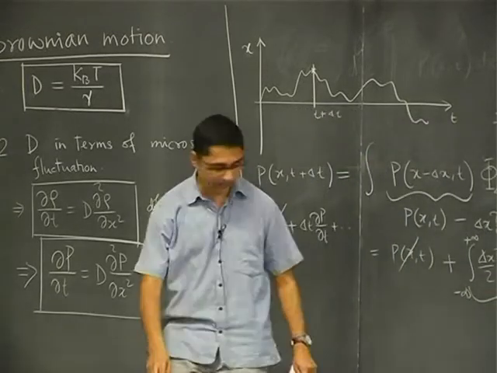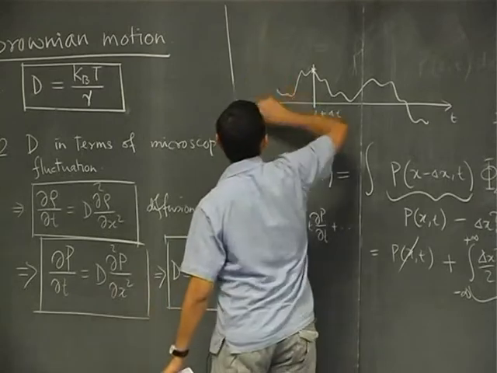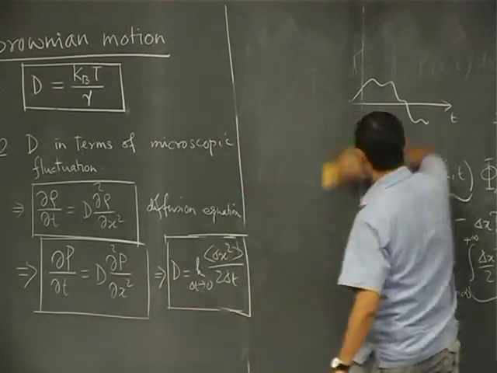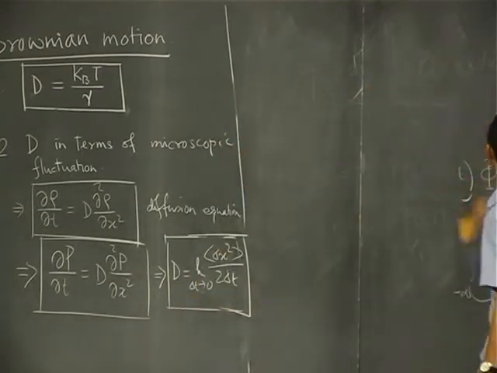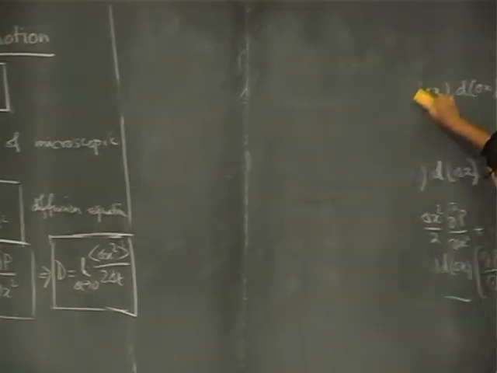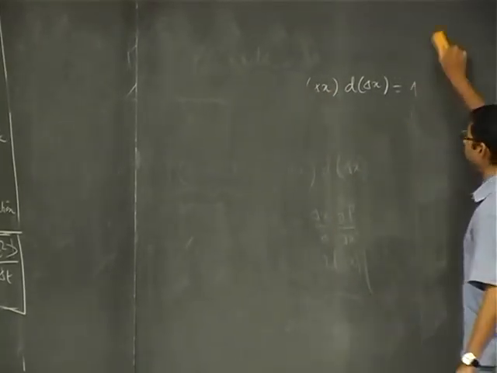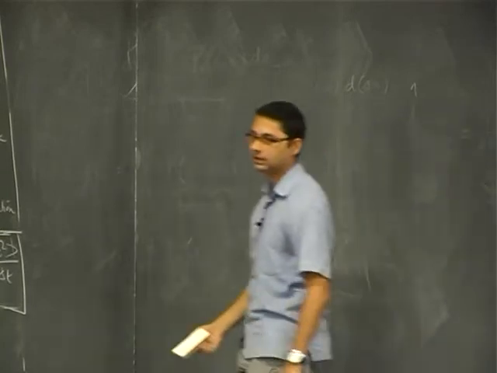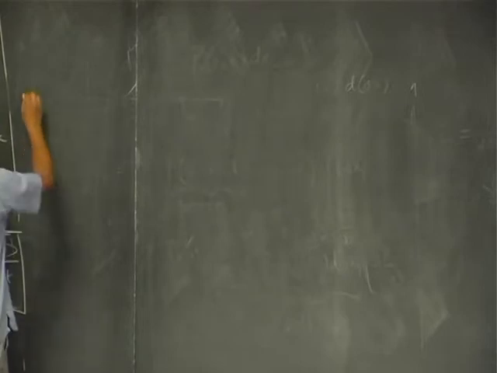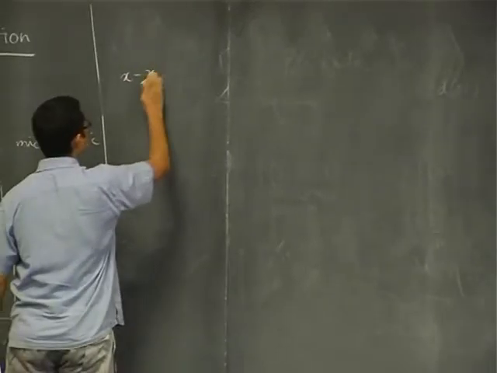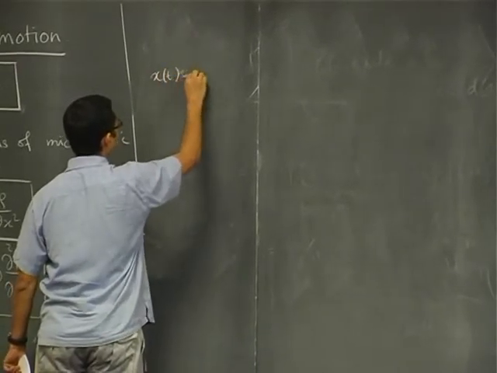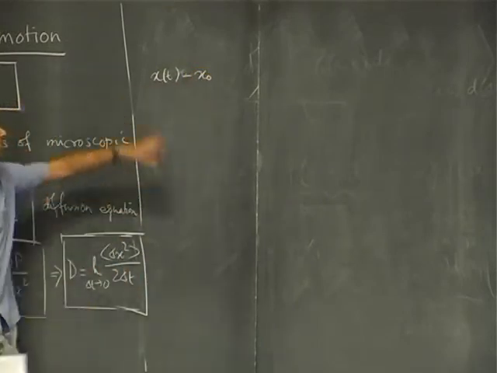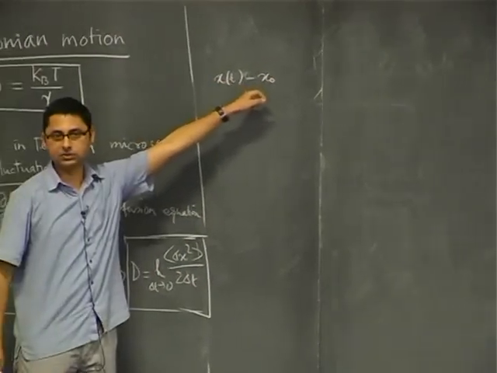So I'll give you an exercise now. Using this result and the fact that delta x at different times are independent of each other, and using this fact, show that the average of (xt minus x0) whole squared is equal to 2dt. Here xt is the position at time t and x0 is the position at time 0.